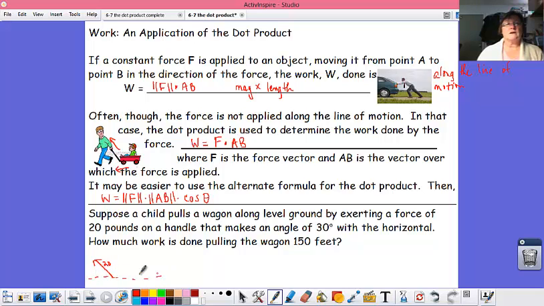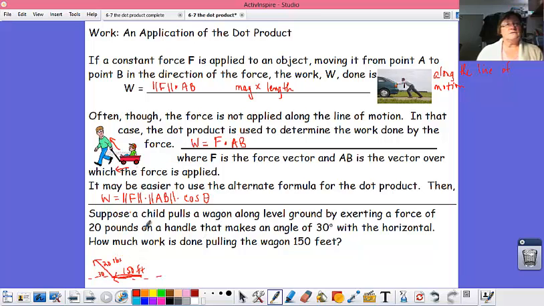So here's the ground, and that's 30 degrees, and he's pulling a wagon in that direction, okay? And it says, let's see, how much work is done by pulling 150 feet. So this is 150 feet. This is the 20 pounds of force, so I should put a label on there.